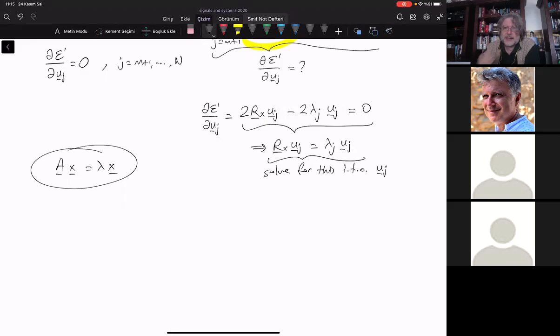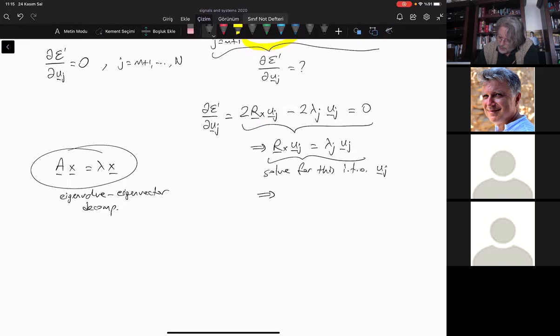But when you look at this new equation, you can realize that this is actually an eigenvalue, eigenvector decomposition. So x is an eigenvector of A and lambda is an eigenvalue of A. The solution to this equation is that.